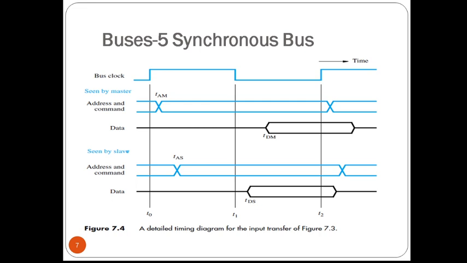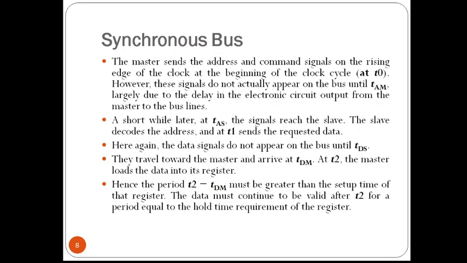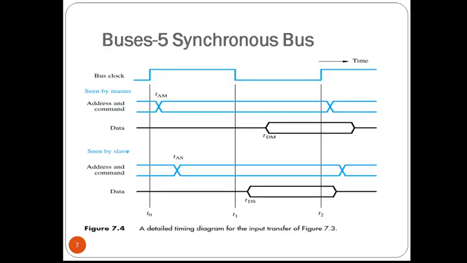One wave shows the signal as seen by the master and the other as seen by the slave. We assume that the clock changes are seen at the same time by all the devices on the bus. That is why the clock cycle time is kept common. The system designers spend considerable effort to ensure that the clock signal satisfies this condition, for both master as well as slave.